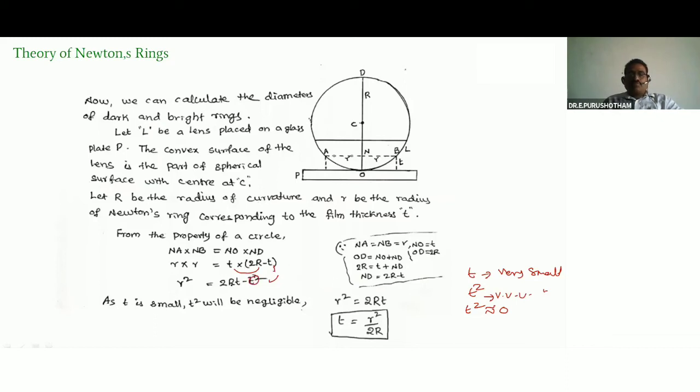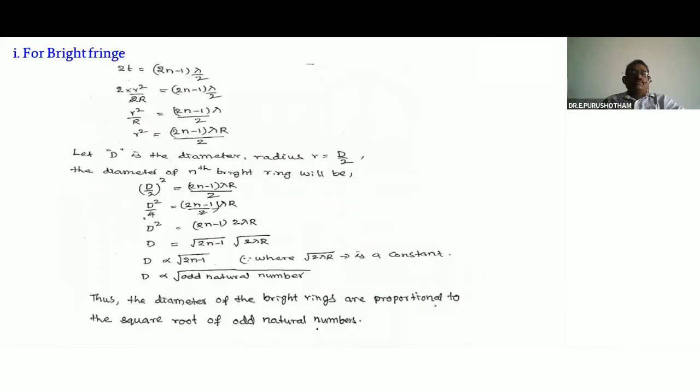So we can write r square is equal to 2Rt. So small t is equal to r square by 2R.